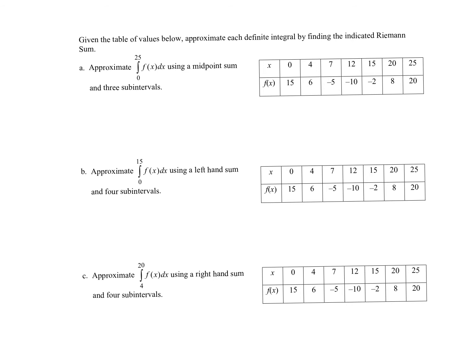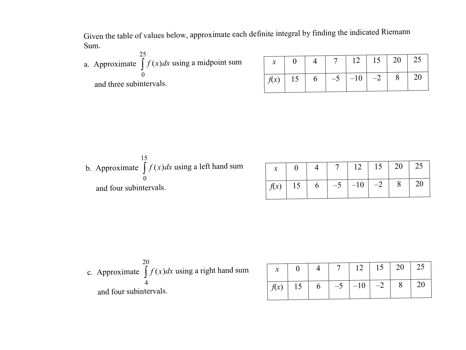All I know is at 0, I was at a height of 15, and at 4, I'm at a height of 6. So I know it dropped. But who knows? Maybe at 2, it went up and then came back down. You don't know what happened in between, but since I only have these two places, I can only approximate the behavior as that line.